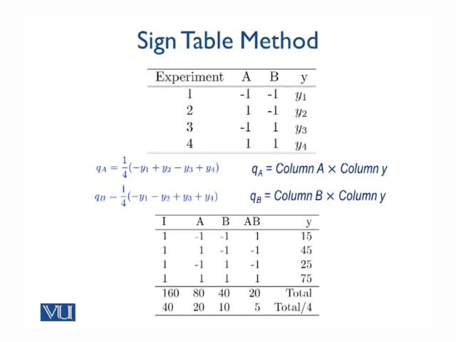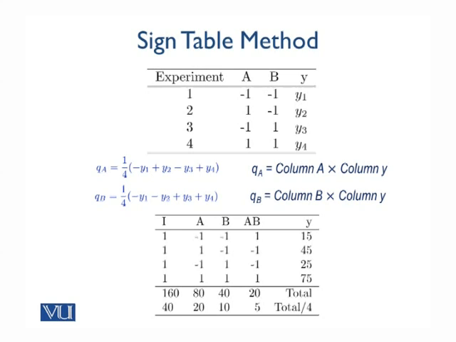Alternatively, we can build a sign table, and the sign table is what we are going to use from now on. This is a very simple method. You make two columns. The first column is column A, which is the first factor. The second column is column B, which is the second factor. For the first factor, we list down an order of coefficients which is known as the standard order, or also the Yates order, in which for A we would write -1 plus 1, -1 plus 1.